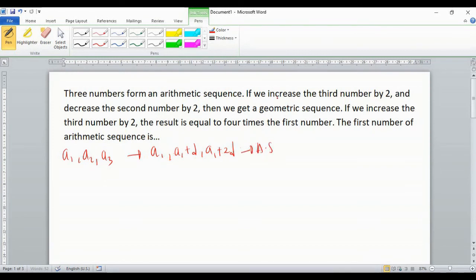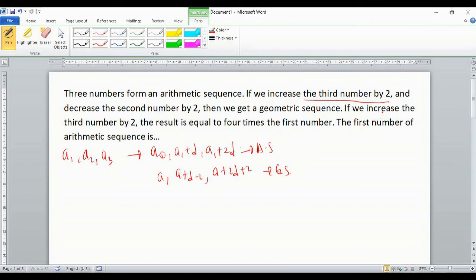And then we continue to write this question. If we increase the third number by 2, and if you don't want to write the 1, it's okay, you just need A. It doesn't matter. And then decrease the second number by 2, then we get a geometric sequence.